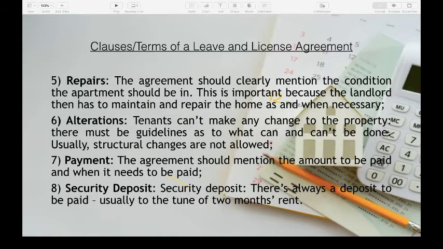If you try to change the structure, say there are pillars and you don't want the pillars, under law you are not allowed to make any structural changes or alterations or carry out repairs on your own or without the permission of the licensor, because leave and license is merely me giving you a flat for your commercial use. You are not allowed to change the structure, make any alterations or carry out any repairs on your own which will change the structure of the apartment.